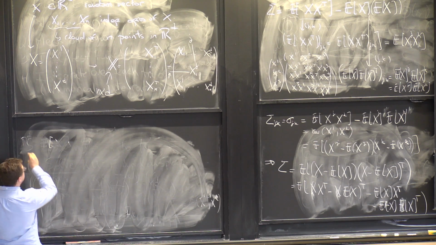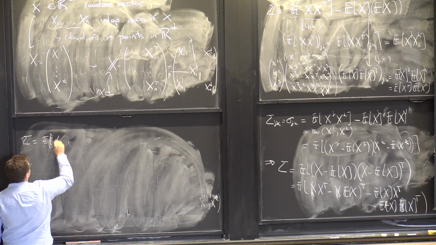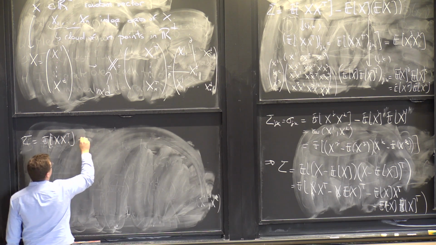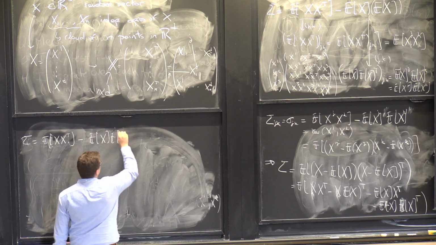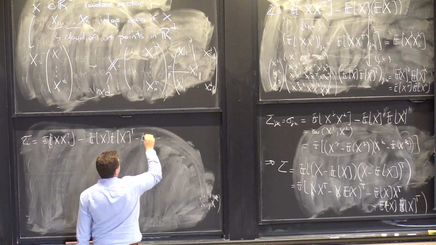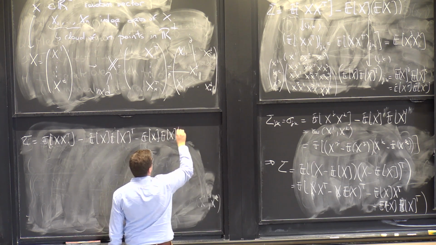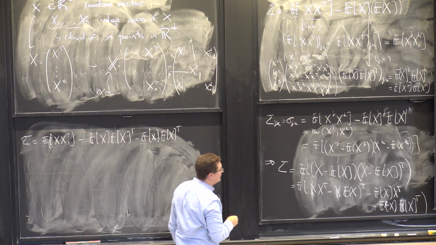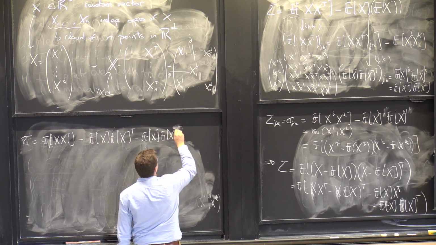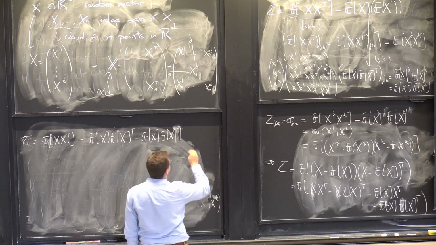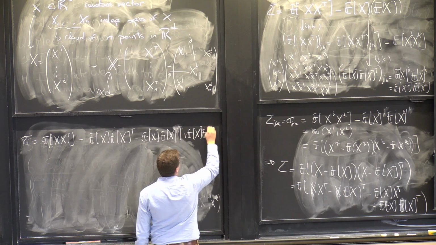So what we have is that sigma now becomes equal to the expectation of x x transpose, minus the expectation of x times the expectation of x transpose, minus the expectation of x times the expectation of x transpose, plus the expectation of x times the expectation of x transpose.